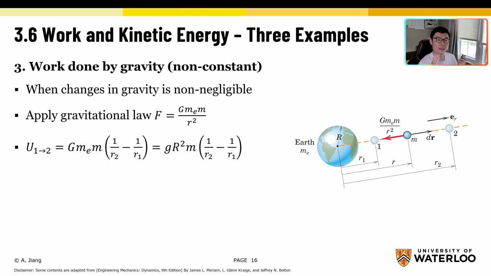You can see the work for non-constant gravity depends on the mass of the object and the distance between two objects. I don't think I will be doing any particular example on this. Maybe we do, but we'll see.